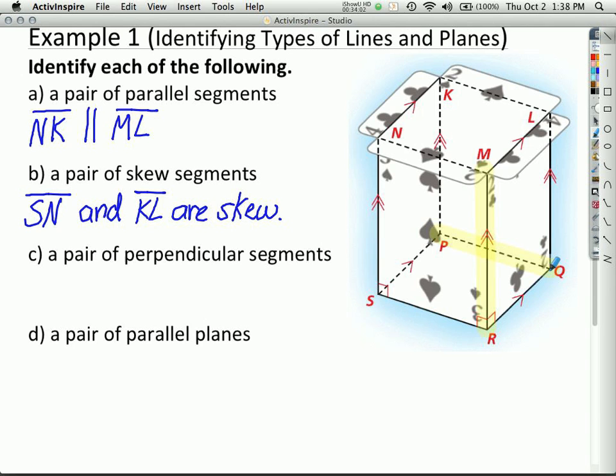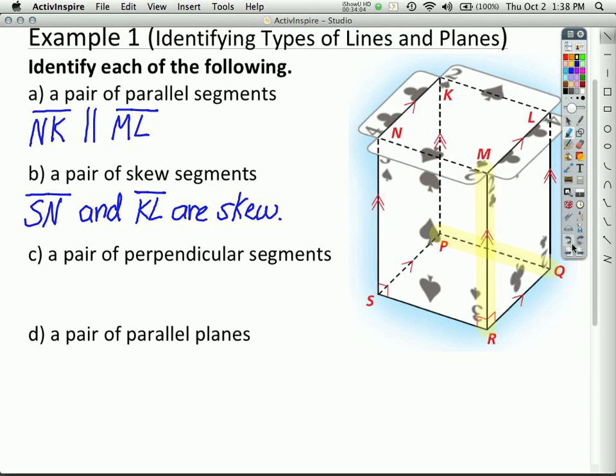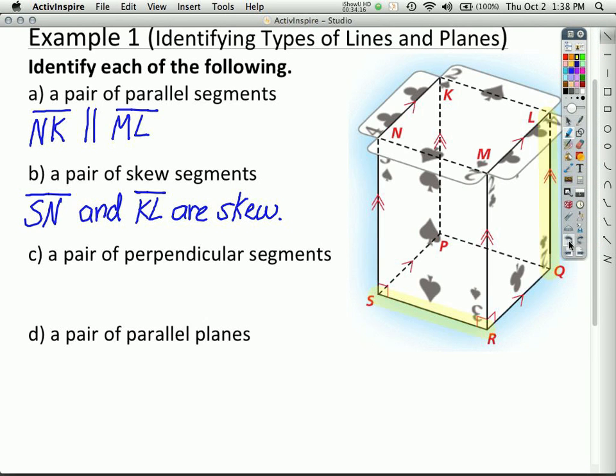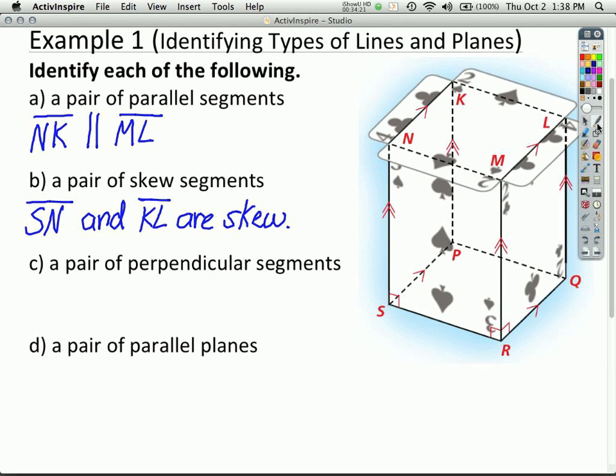Any other ones? Alexander? Segment SR and QL. Very good. Does anyone have any questions about skew lines? All right? No questions? All right, perpendicular. I want you to pick a pair of perpendicular lines and write it down.